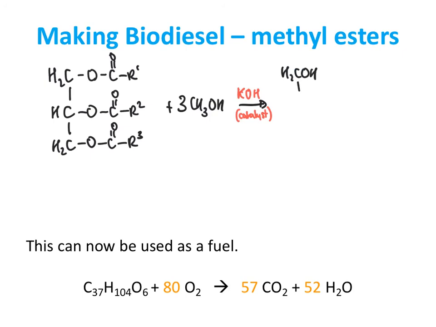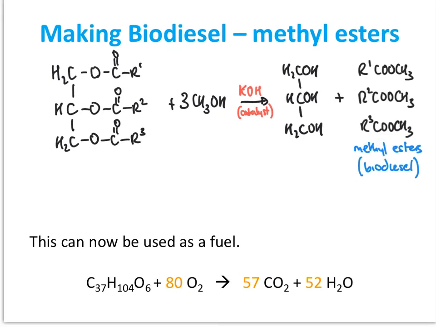So you always get that. And then the other product that we get is, as the title says, three methyl esters. Those methyl esters are the biodiesel, and just to make it clear, this is the methanol, and that is the source of the methyl that's part of the new esters.